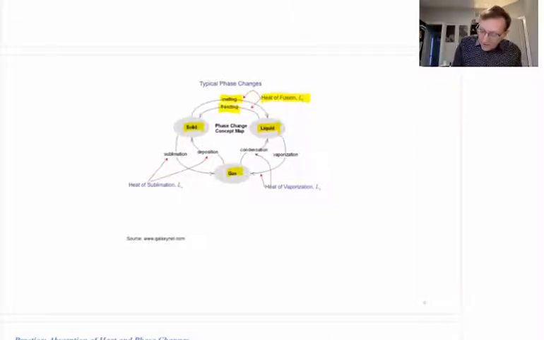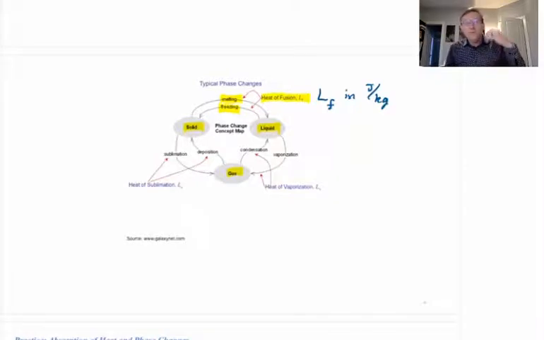The symbol we use, I'll write it right here, is capital L sub F, the heat of fusion of the material. Whether it's going from solid to liquid, melting, or from liquid to solid, freezing, the corresponding heat of transformation is the heat of fusion in joule per kilogram.